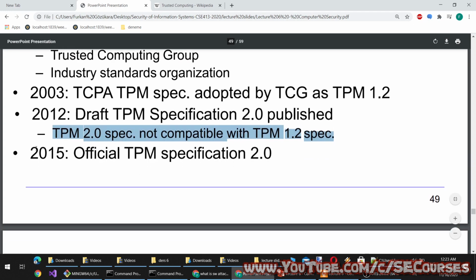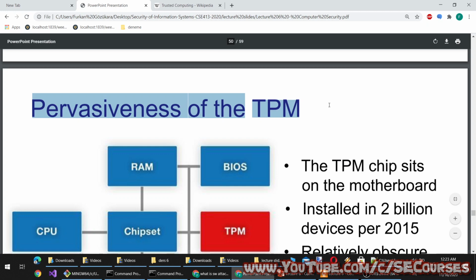TPM 2.0 spec is not compatible with TPM 1.2 spec. 2015, official TPM Specification 2.0.